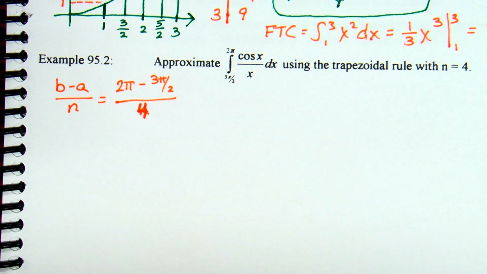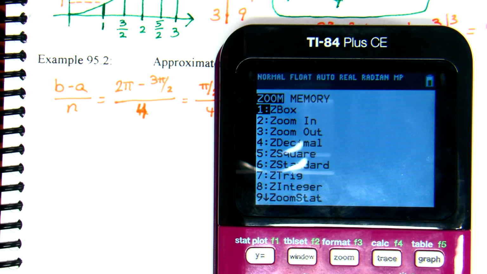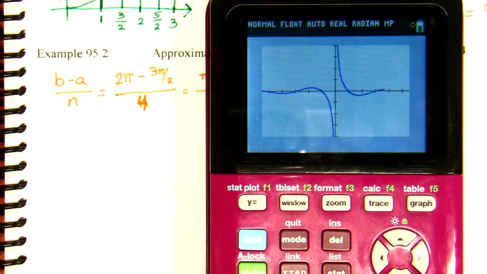Specifically, what is our interval? So I can put in my x min, 3 pi divided by 2. You can just type that in as is, and it will convert it to decimal, which is fine, to 2 pi.